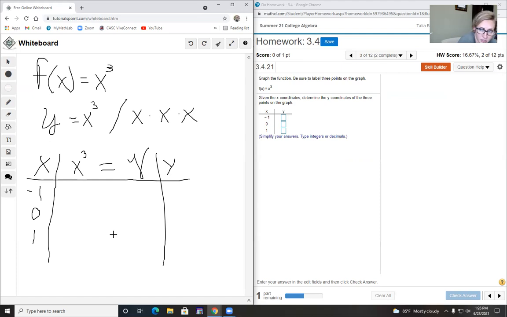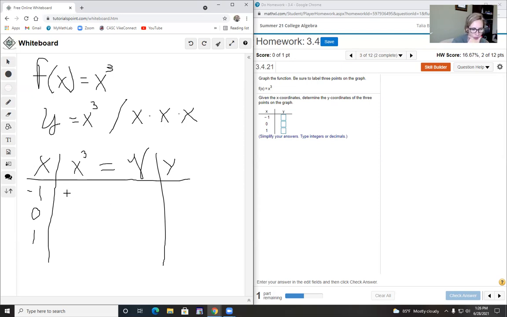This one relies on you to be able to differentiate different functions. You should be able to tell this is f of x equals x cubed. It should not look like a function we've already done before.